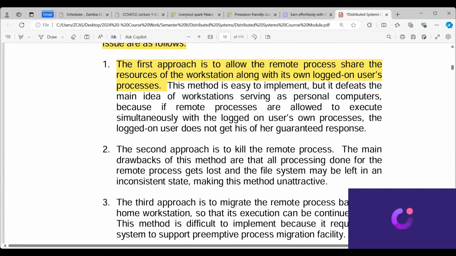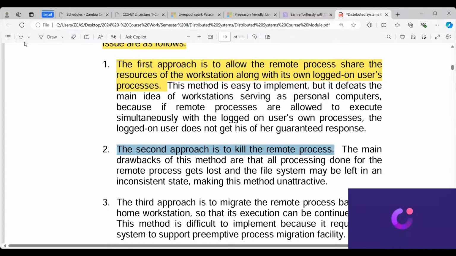The first approach, we are saying, is to allow the remote process to share the resources of the workstation along with the logged on user's processes. Now, the second approach is to kill the remote process.